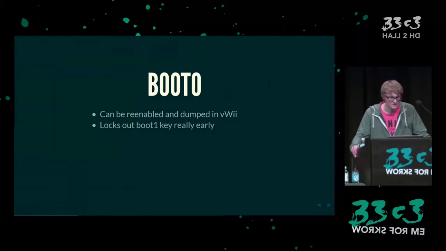We can see that it reads the boot 1 key from OTP, and then it locks out the boot 1 key fuses, and this happens really early. But it's basically kept in memory all the time until it's done, until it has launched boot 1 or just panicked.